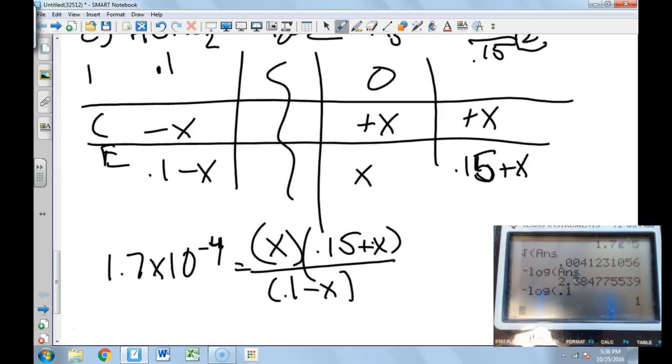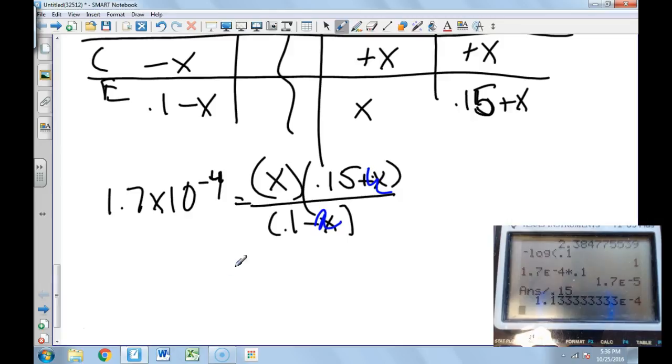Now we use the 5% rule, and so now we solve this for x. We take 1.7 times 10 to the minus 4, multiply by 0.1, and divide by 0.15, and we get x equal to 1.13 times 10 to the minus 4.